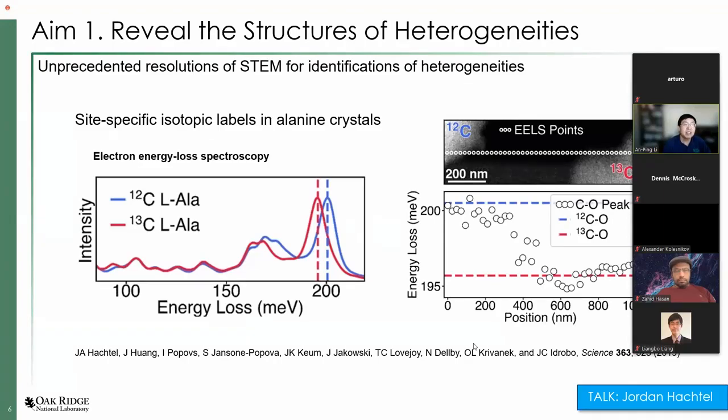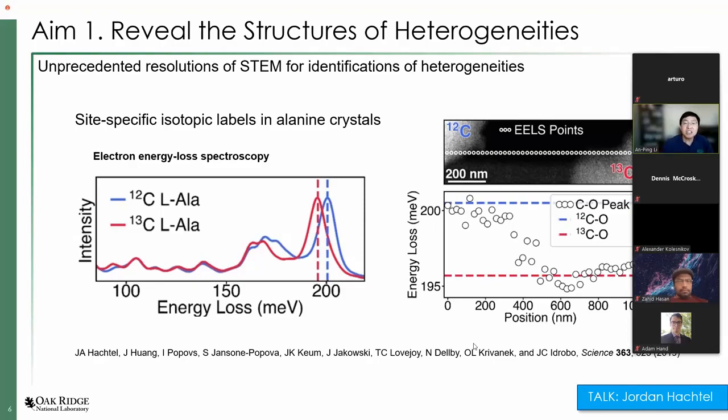They have found they can use electron energy loss spectroscopy to detect isotopic shifts of carbon-oxygen stretching modes. And based on that, they can label the molecules in the materials based on these isotopic shifts in the energy loss spectroscopy. And Jordan will talk more about this approach.